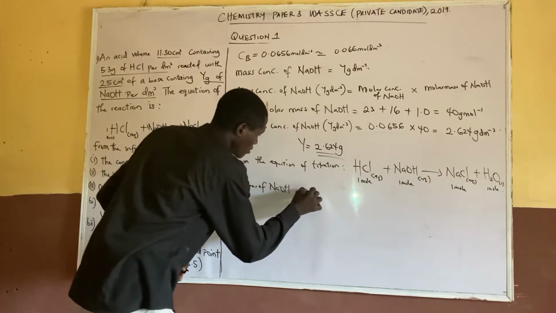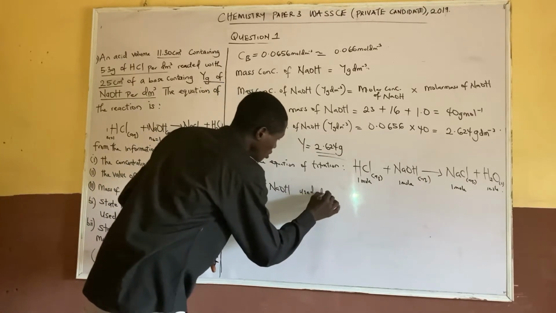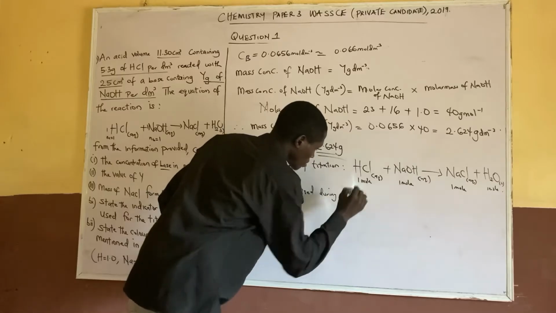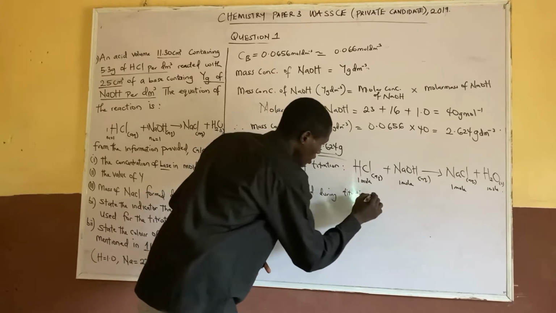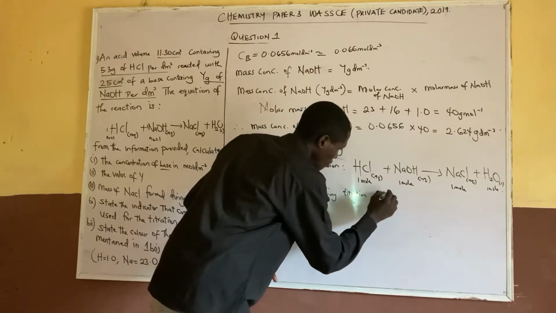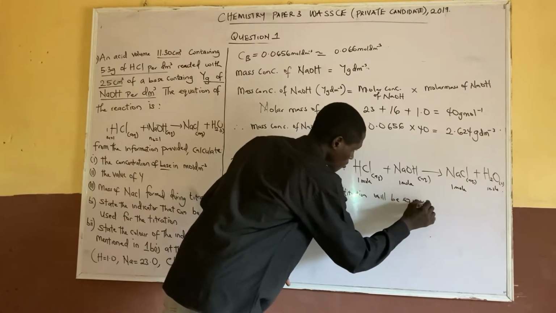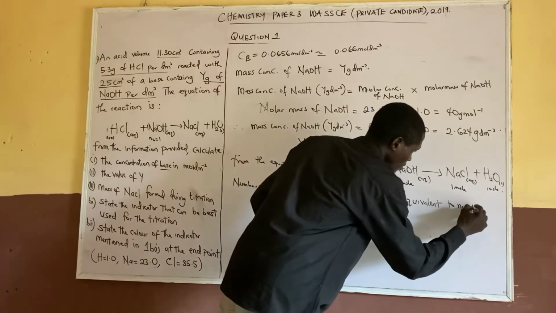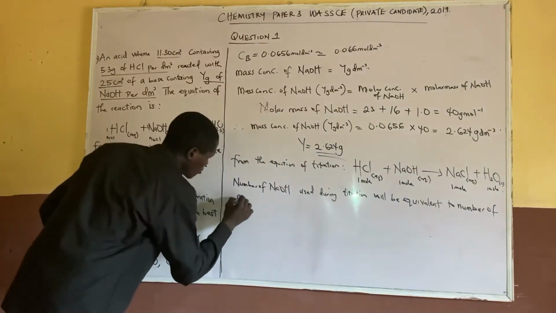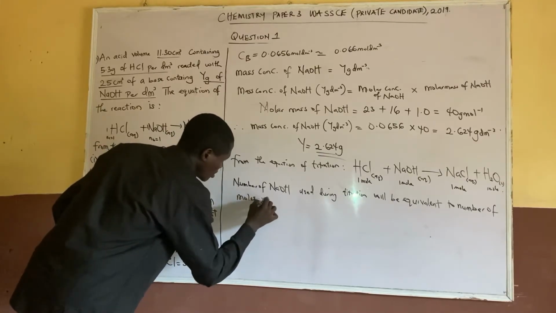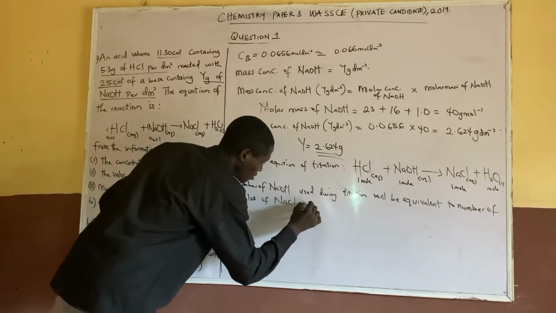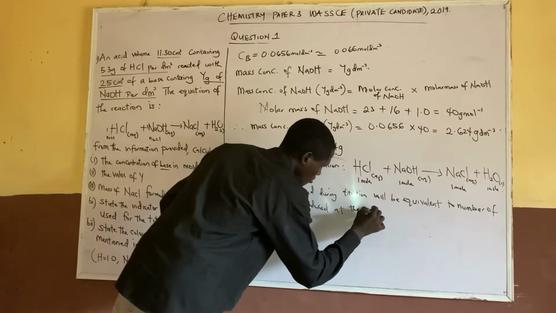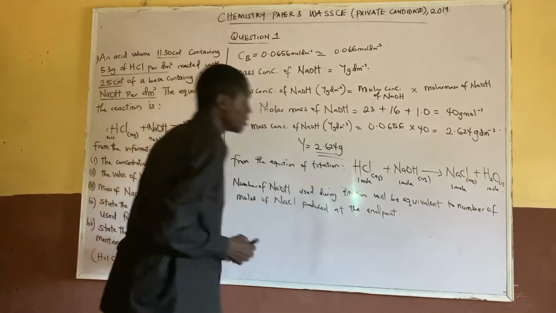The number of moles of sodium hydroxide used during titration will be equivalent to the number of moles of sodium chloride produced at the end point.